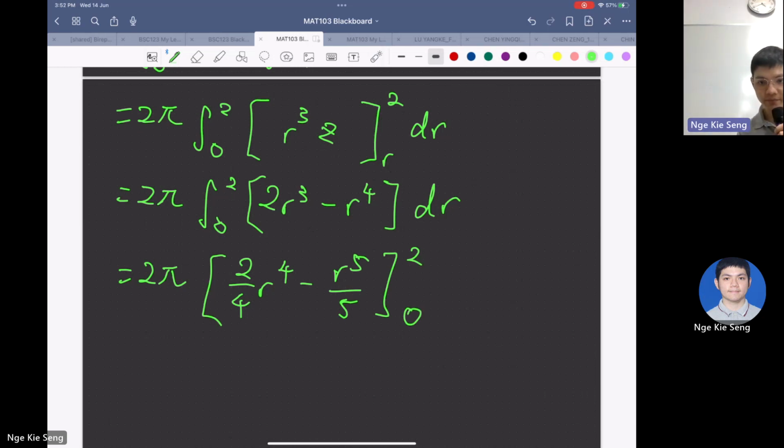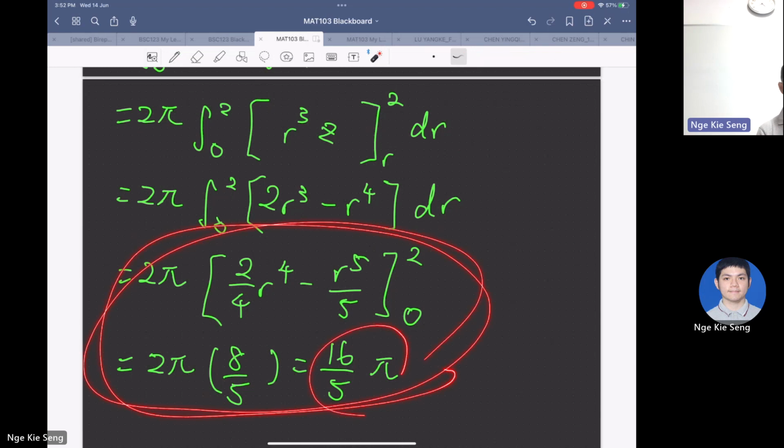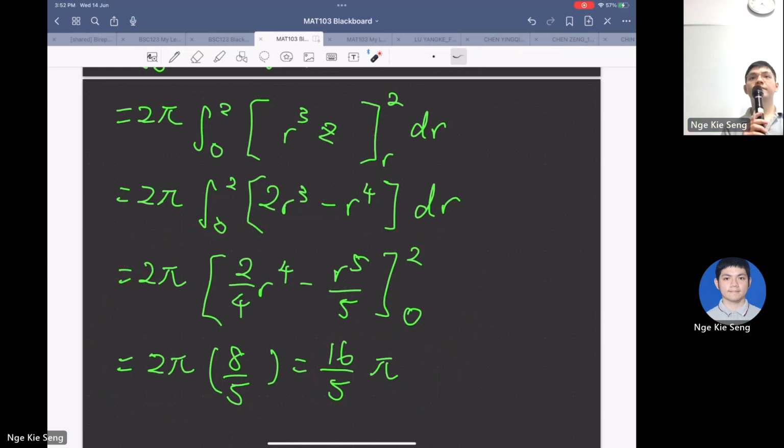And then all together we get 16 pi over 5. You just do the usual computation, you should get 16 pi/5. Everyone check? Correct.